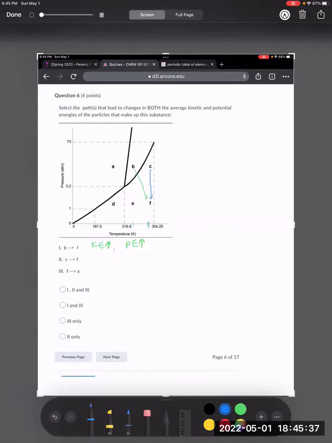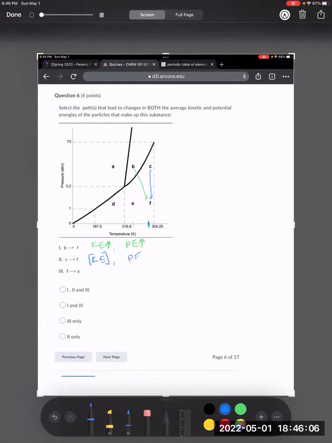The temperature is not changing. That means the kinetic energy is constant. If the temperature does not change, kinetic energy does not change, because temperature is a measure of the average kinetic energy. If it doesn't change, the average kinetic energy stays the same. And then the potential energy must be increasing.